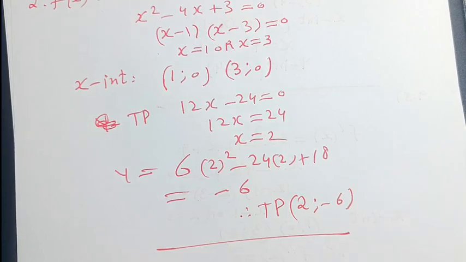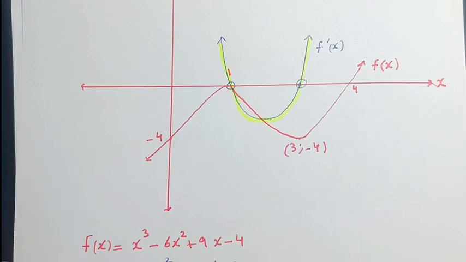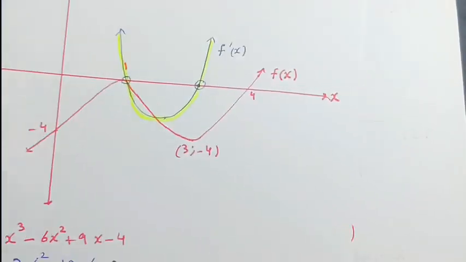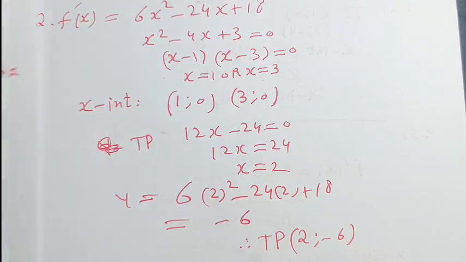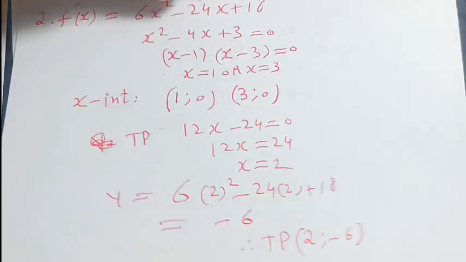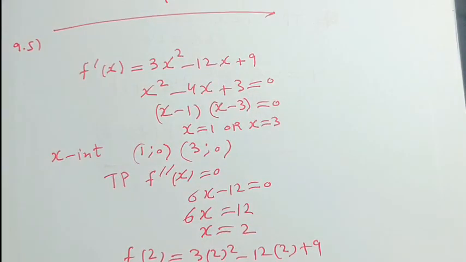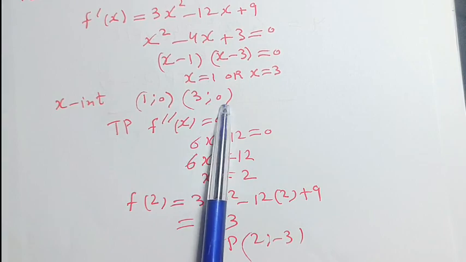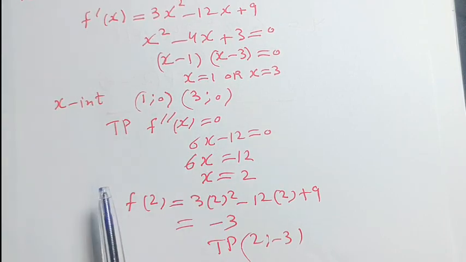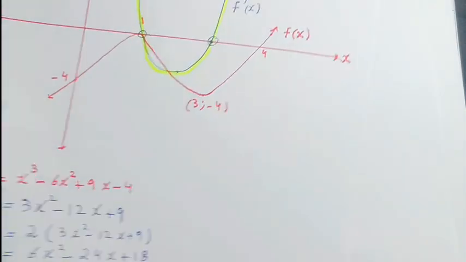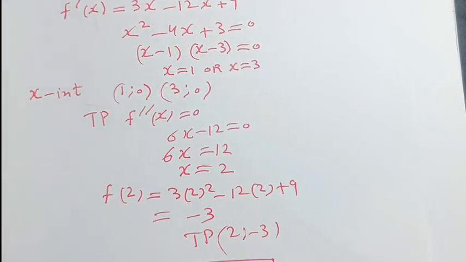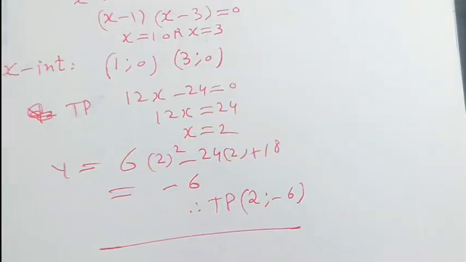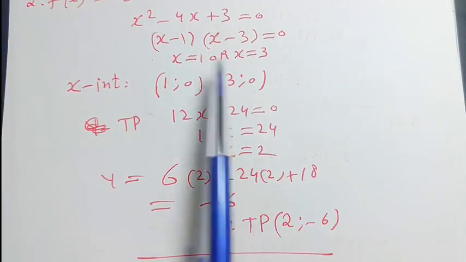Now I'm going to sketch this one. This time the x-intercepts, remember this is the first graph, are 1 and 0, 3 and 0, and as well here, x-intercepts 1 and 3.